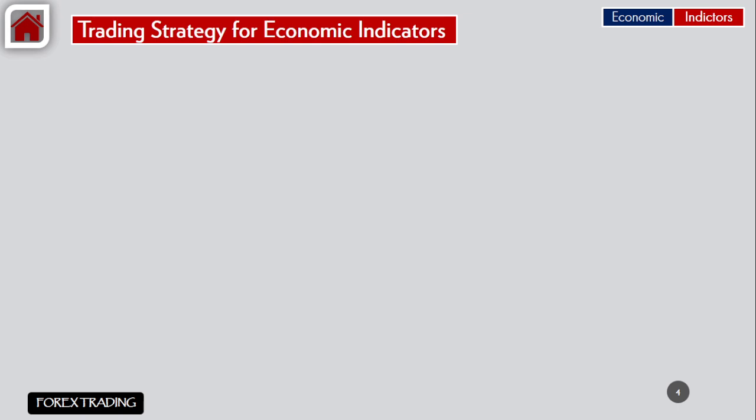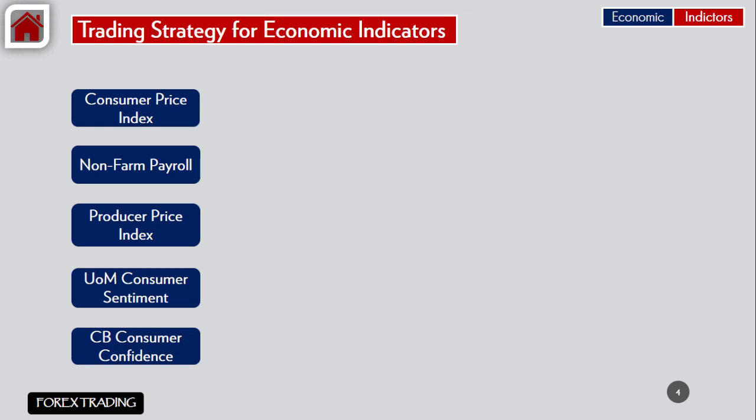So actually we are talking about US based economic indicators. Whatever you see on this screen is all related to the US market. So we have consumer price index, non-farm payroll, producer price index, University of Michigan consumer sentiment, and conference board consumer confidence.